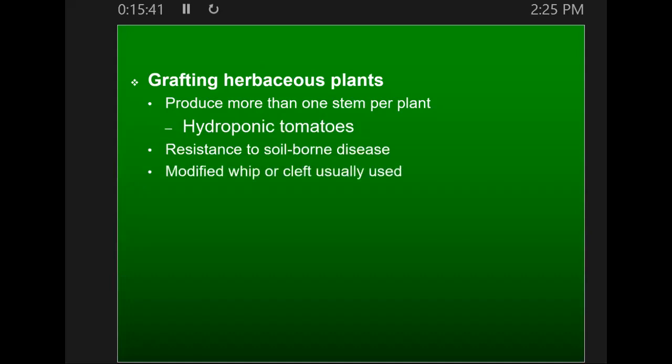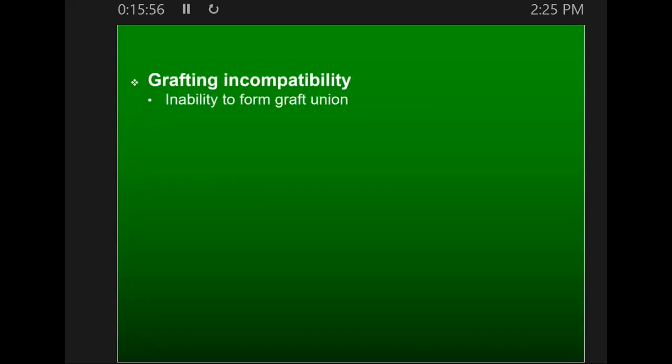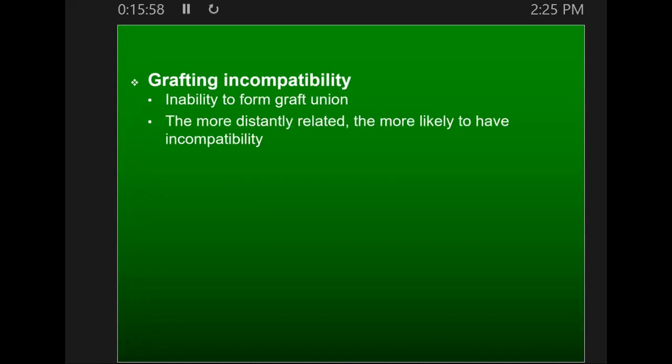And so with herbaceous plants, a modified whip or tongue or the cleft graft is often used. However, there are issues in the sense that you can't get too wild. You can't get wildly different species to graft together, and that's mainly because they won't link up their vascular systems.